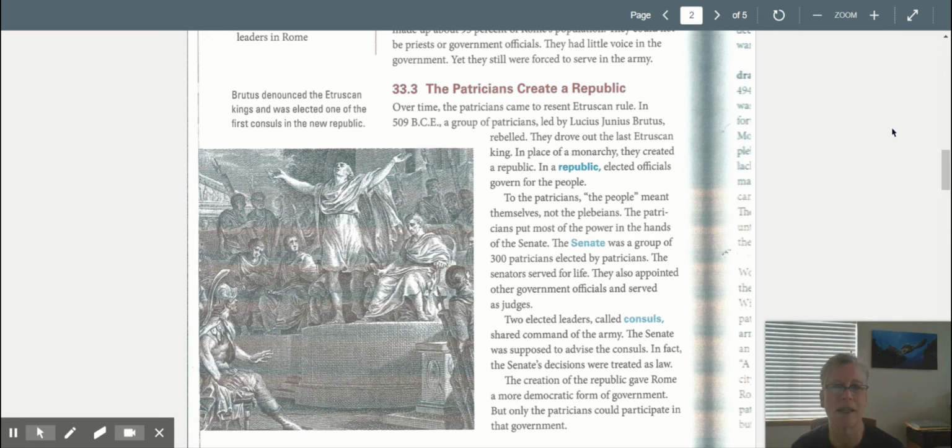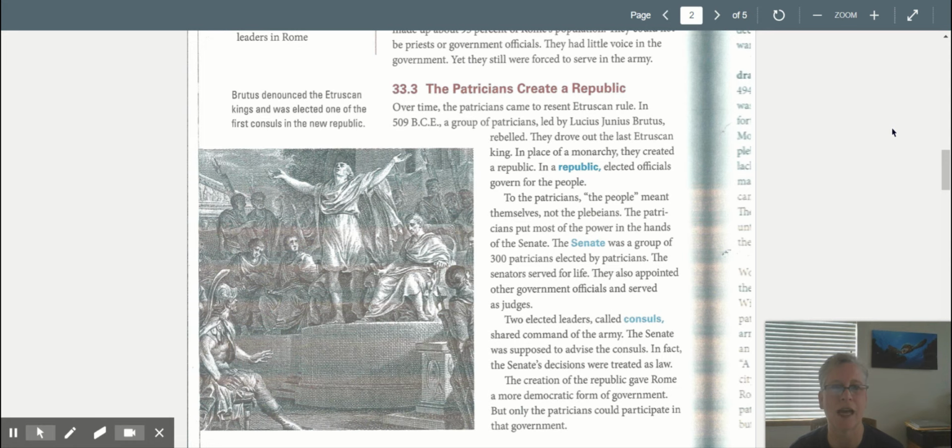In a republic, elected officials govern for the people. To the patricians, the people meant themselves, not the plebeians. The patricians put most of the power in the hands of the Senate. The Senate was a group of 300 patricians elected by patricians. The senators served for life.